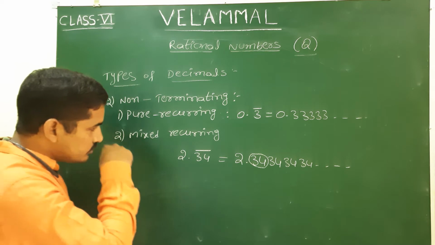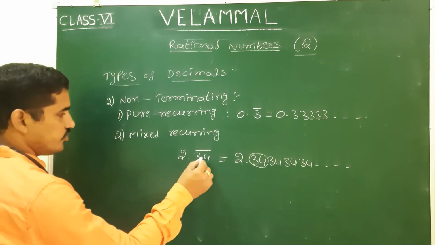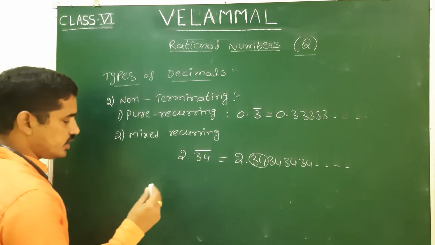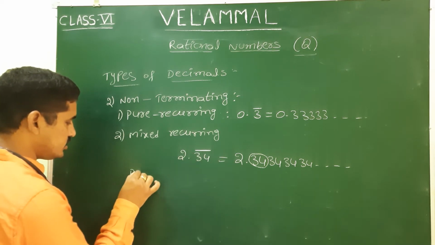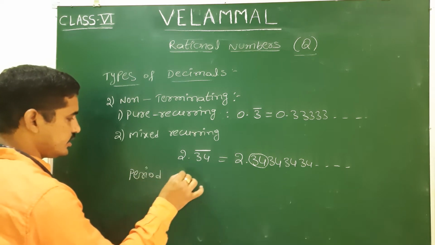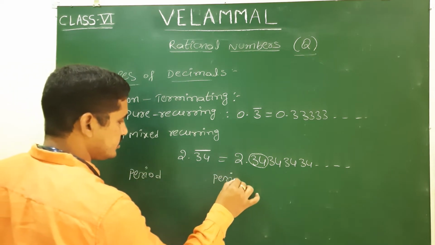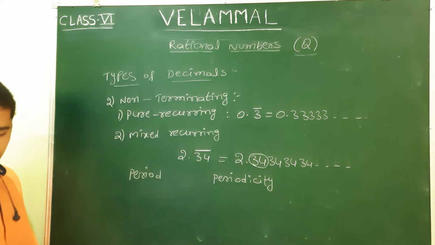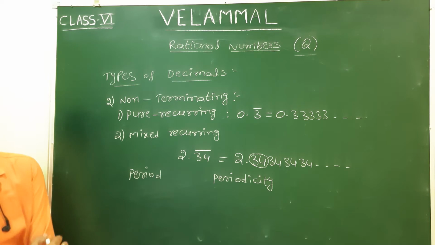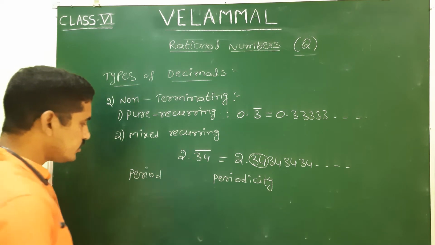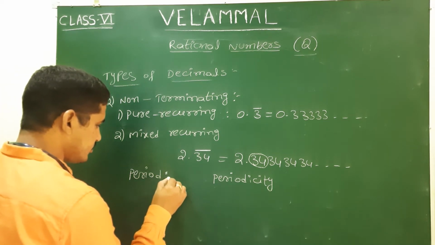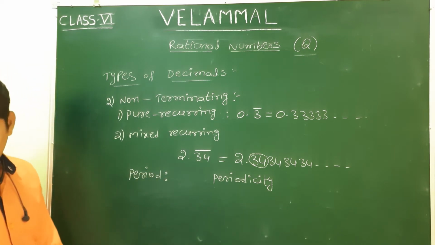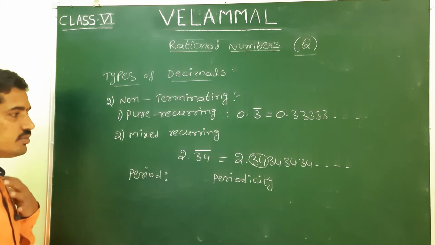So in this case, whenever we are representing with the bar, there will be two terms. That is period and periodicity. Period and periodicity, these are very important, you need to remember. Period means which number is repeating.